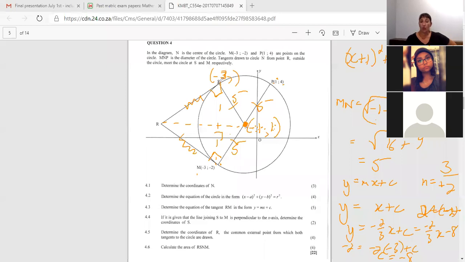You just need to find the y value when x is minus 3. And you can use the circle, I suppose, because that's your radius. So then you've got x plus 1 squared plus y minus 1 squared equals 5 squared, which is 25.